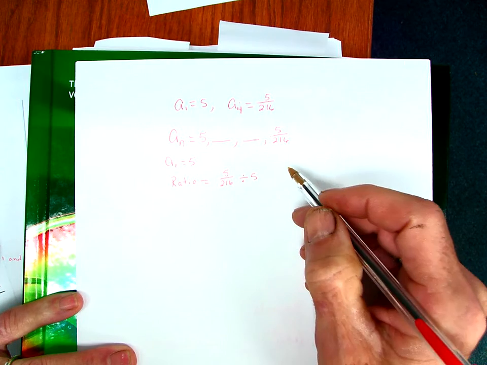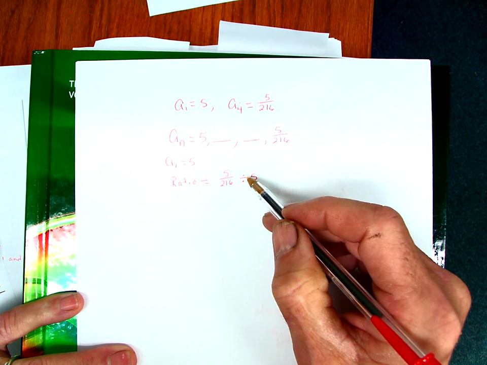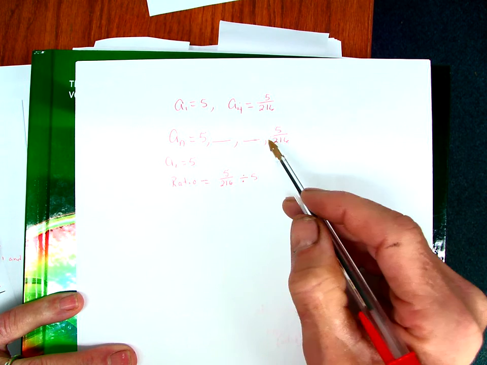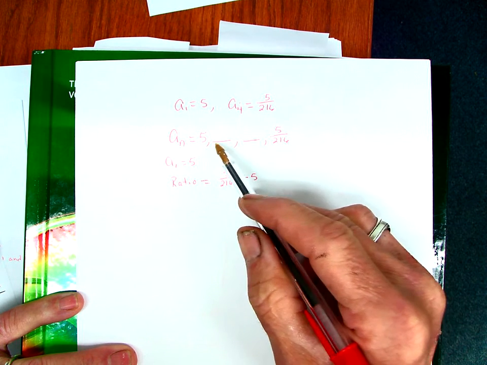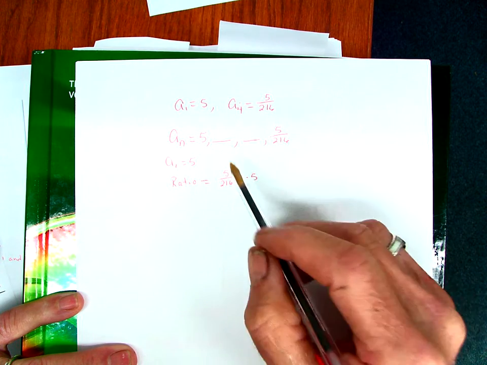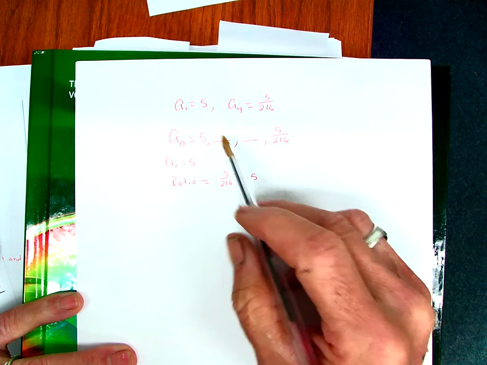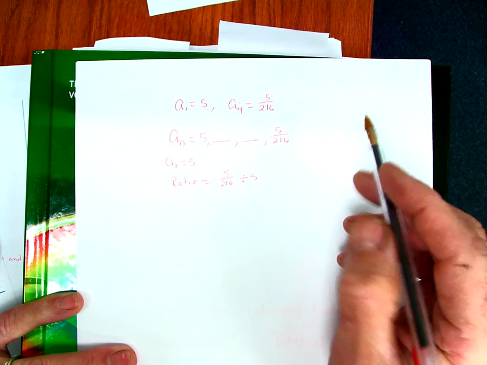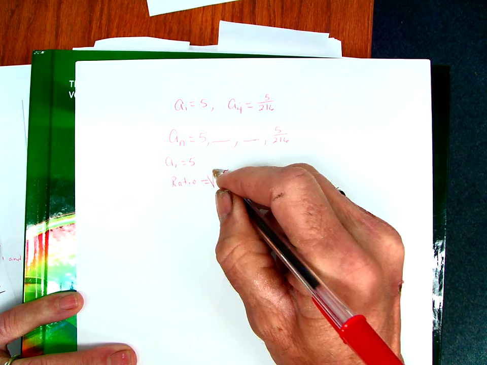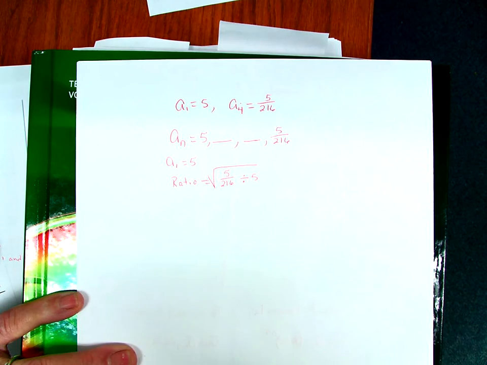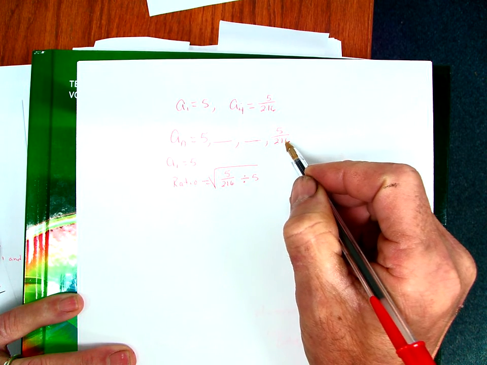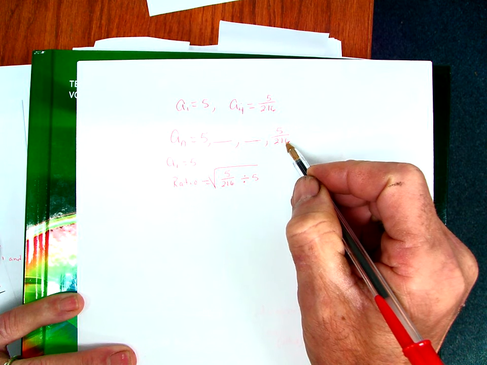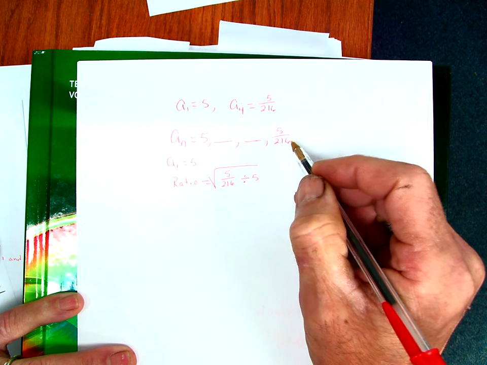But now I have to take a root of this because these two elements are not right next to each other. They're not consecutive. They're spaced out. This is the fourth one. This is the first one. This thing is growing exponentially. If it's growing exponentially, then to get down to what I need, I need to take a root.